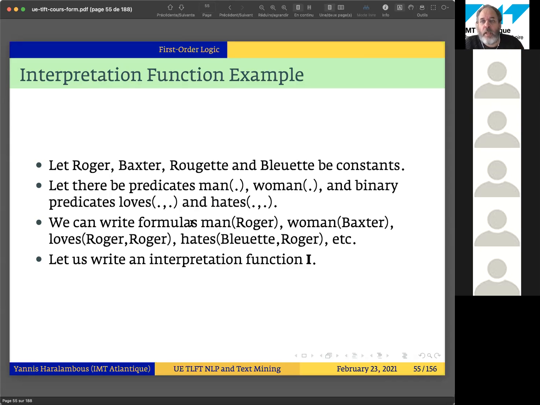They take only one argument. Loves and hates are binary. They take a first and a second argument. So I can write formulas like man Roger, woman Baxter, loves Roger Roger, hates Bleuette Roger, and so on. These are just formulas. They are correct syntactically because predicates are top level and my constants are arguments.